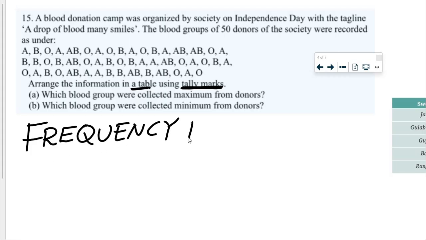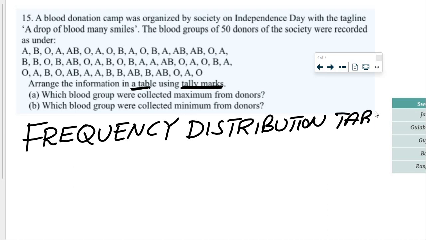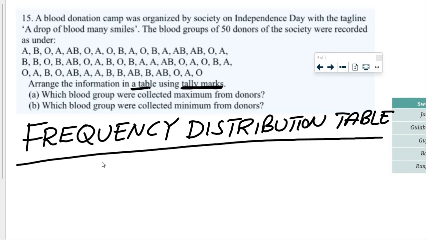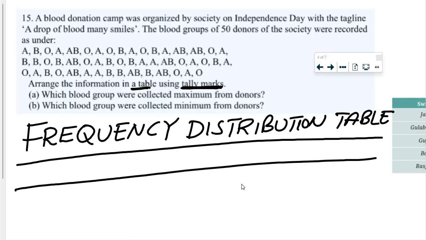A frequency distribution table is the one which uses tally marks. And how does this frequency distribution table look?